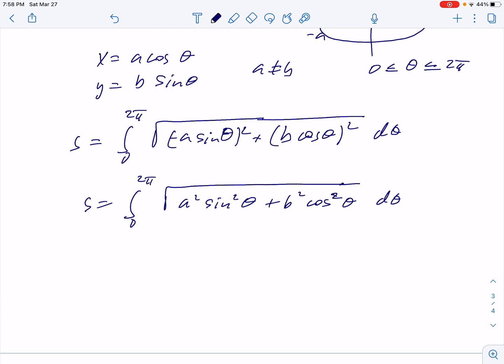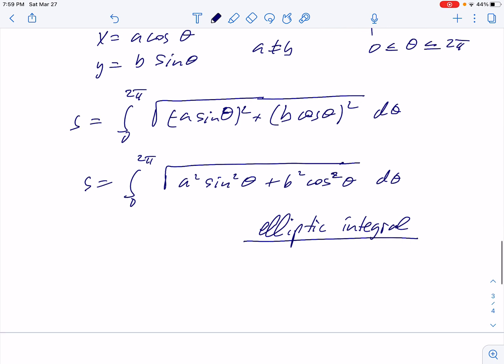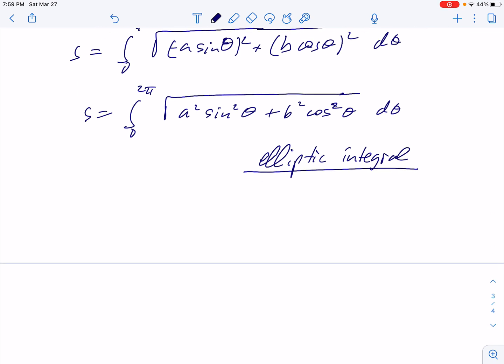This integral is difficult, I would say non-solvable. It has a special name, it's called elliptic integral. Elliptic because it shows the arc length of the ellipse, and when a is different from b, the integral simply cannot be evaluated explicitly. Good. Moving to another example.